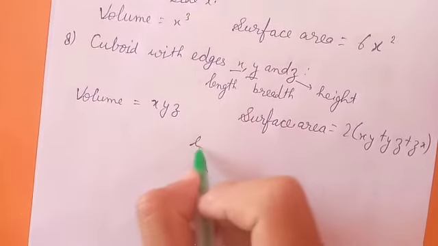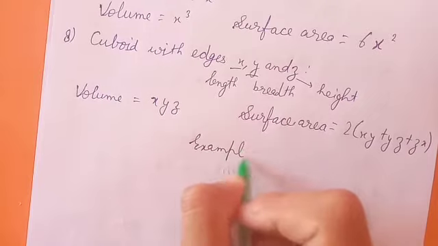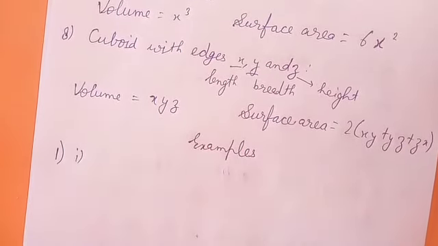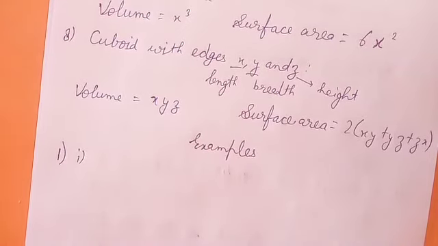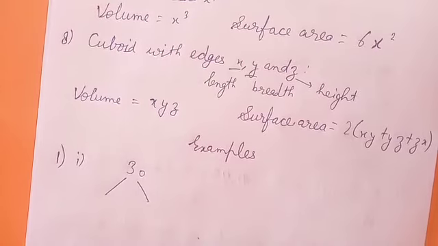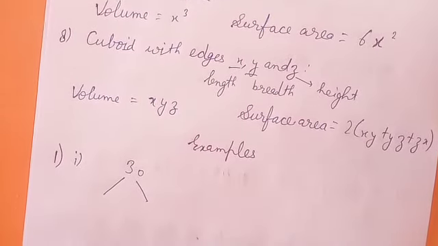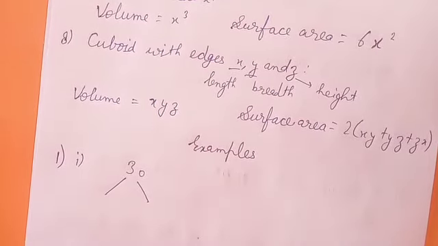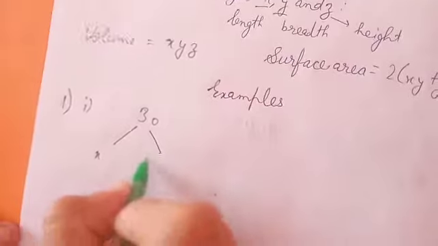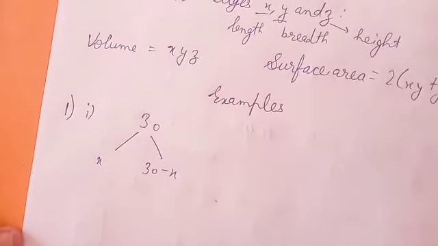Okay, so examples. Our first example has 2 parts. First part is: divide 30 into 2 parts such that their product is maximum. So first of all we will consider one part as x, and the second will be 30 minus x.